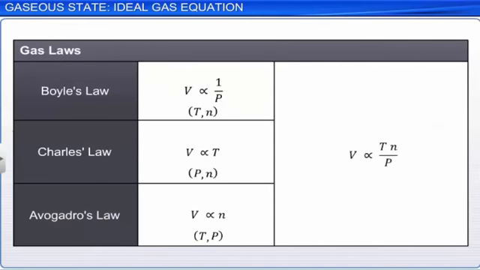When we introduce a constant of proportionality, R, the equation can be written as V is equal to R into n into T divided by P. Here, R is known as the universal gas constant.